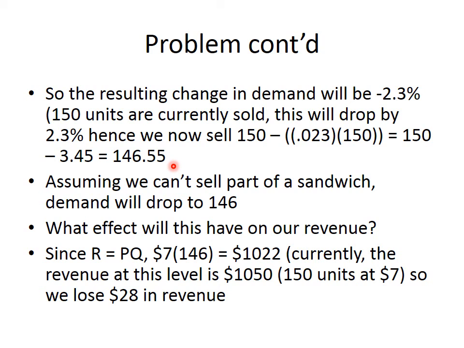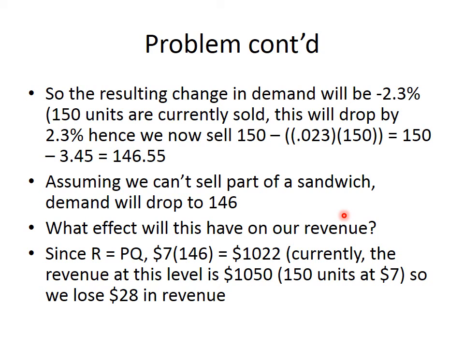Now let's think this through. Okay, we don't sell, I mean, we could, but we don't sell 0.55 of a fish sandwich. You either buy the whole thing, all 8 ounces of the fish, or you don't buy any. And so we're going to have to round this down. Okay, so we can't sell part of a sandwich, so we're actually going to sell 146 of them. All right? What effect will this have on our revenue?